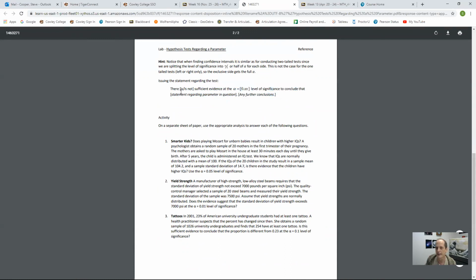We're going to say there is or there is not, depending on the results, sufficient evidence at the alpha equals, and that depends on what we're given for alpha, level of significance, to conclude that the statement regarding the parameter is something like what we said about the mean length of a phone call.